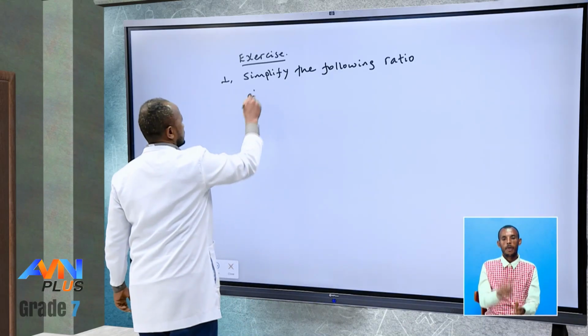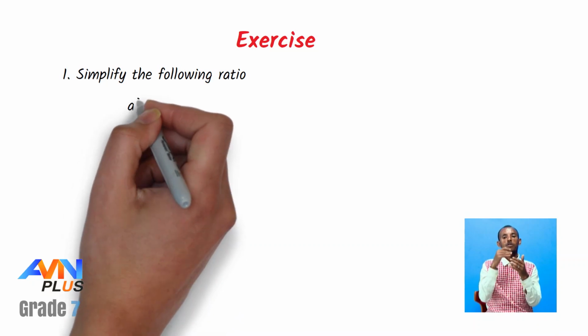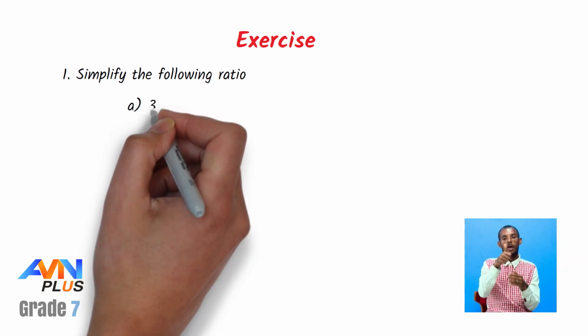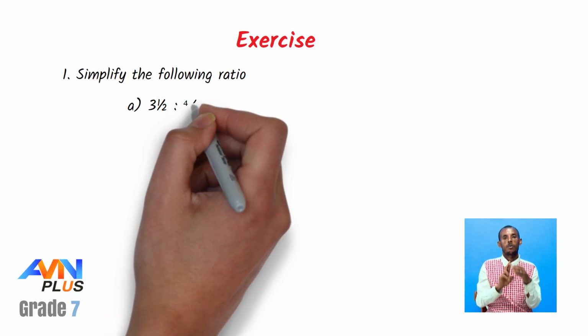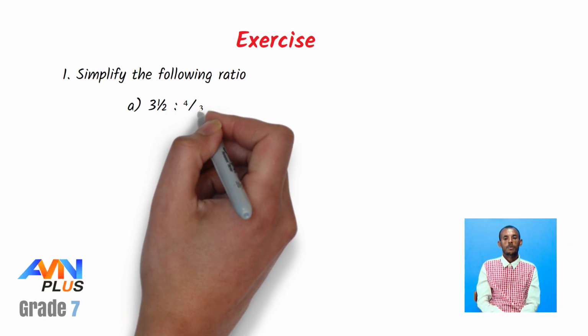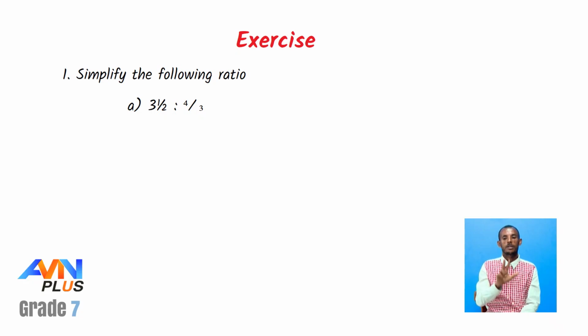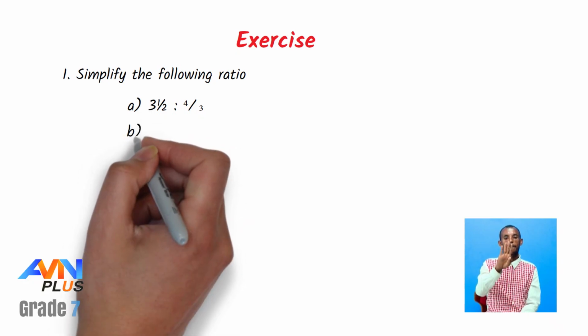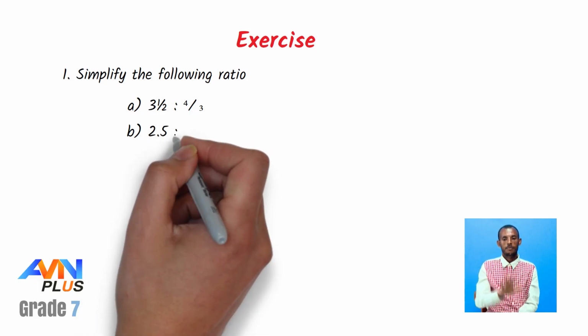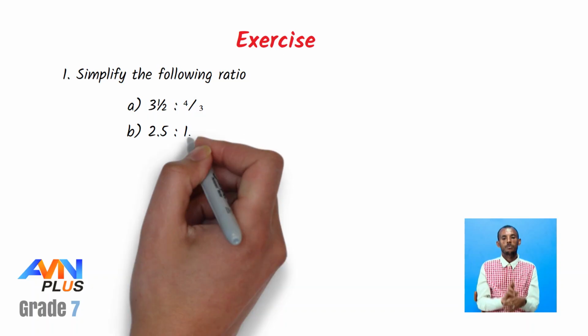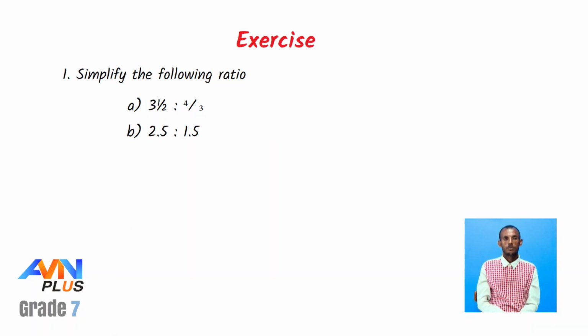A: 3 and 1/2 ratio 4/3. B: 2.5 ratio 1.5.